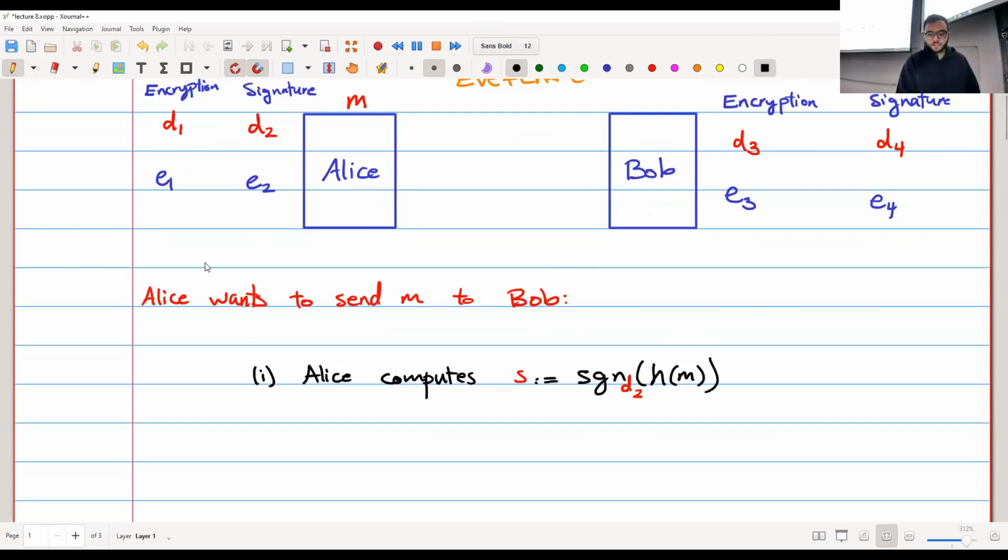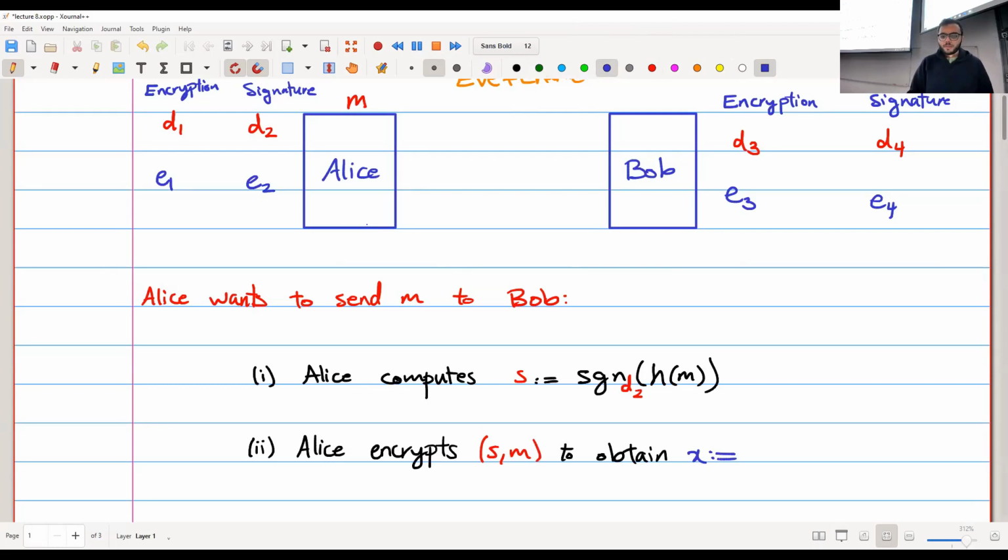Now, she wants to send S and M, both of them, to Bob, but she wants to send them in an encrypted manner. So step 2 is that, again, Alice encrypts SM to obtain the text that she's actually going to send. Let's call that one X. And this is going to be public because this is what Alice is going to send to Bob.